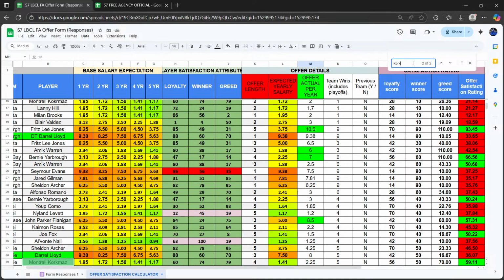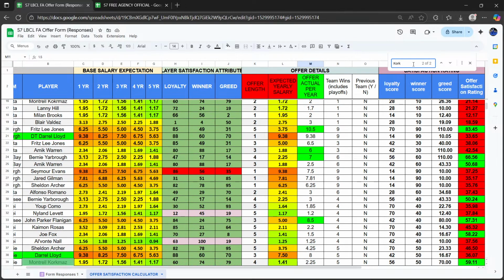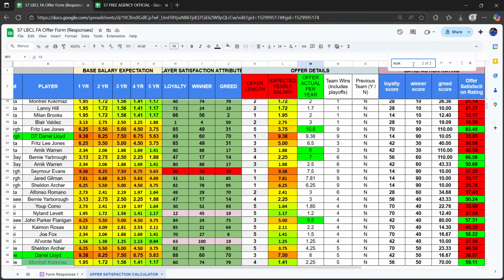Muncie squeaks out Korkmaz because they offered 2.25, whereas you only offered 1.5, same length of contract. Muncie had 5 wins last time. Muncie wins on the offer satisfaction rating. So that's got to be that 2.25 and that 75 greed.